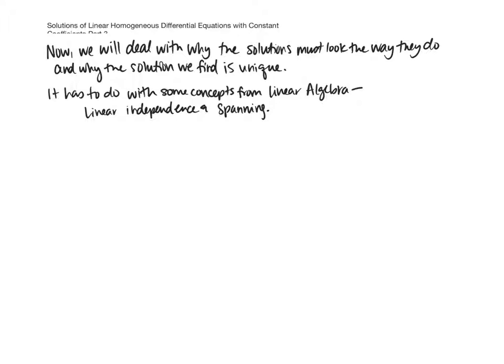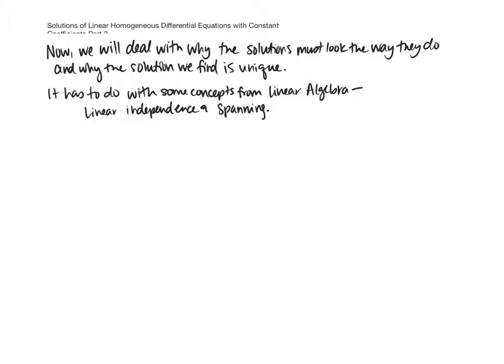Okay. And so the basic idea from linear algebra is that in linear algebra we're talking about vectors, of course, or sometimes functions. If we have two vectors that are linearly independent and that span the space, then we can say that they can be a basis for that space.